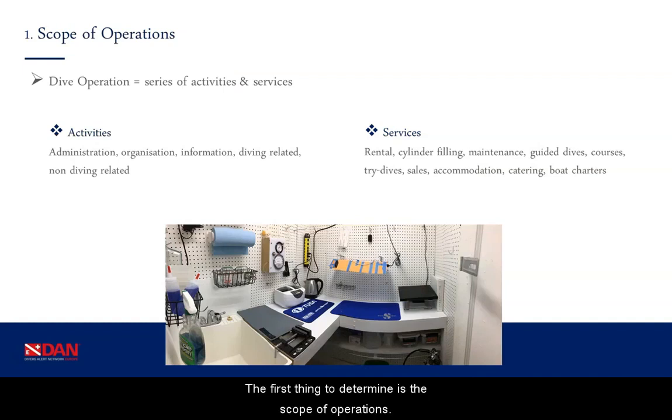The first thing to determine is the scope of operations. A dive center will have a series of activities and services. Activities can be of an administrative or organizational nature, can include giving information to clients, and they can be diving related or non-diving related.